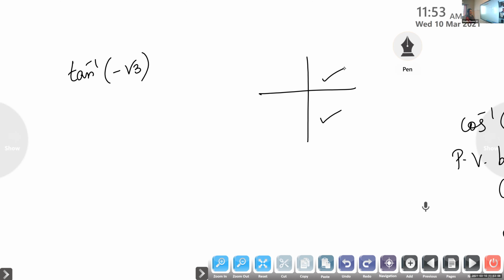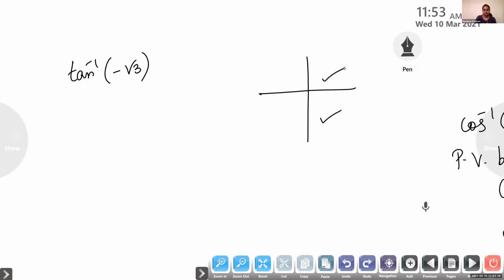Tan is negative. So what are the possible quadrants? Nandana, second and fourth.